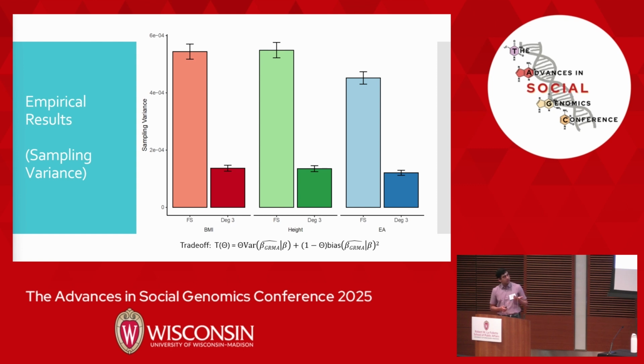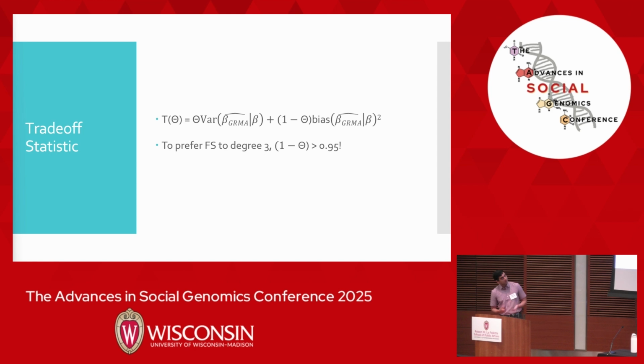To answer this, we plug the values into this trade-off statistic using the best possible estimates at the lower end of the confidence interval for the siblings and the worst possible estimates for the degree 3 GRAMMA results. And what we found is that, to prefer the siblings estimates to the degree 3 estimates, researchers would have to place over 95% of their weightage on having low bias.